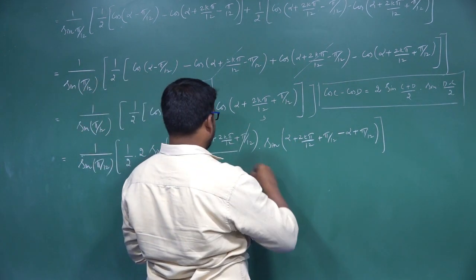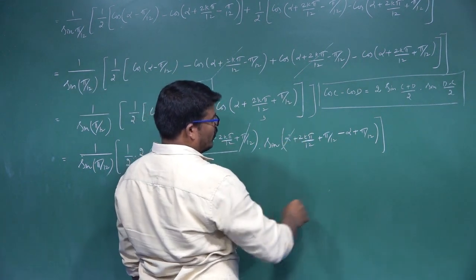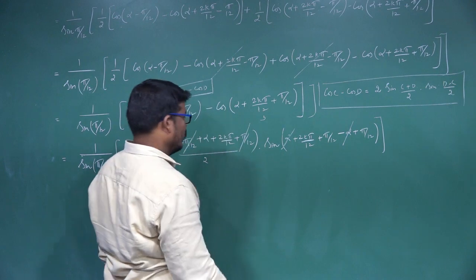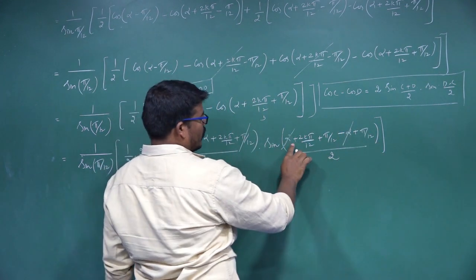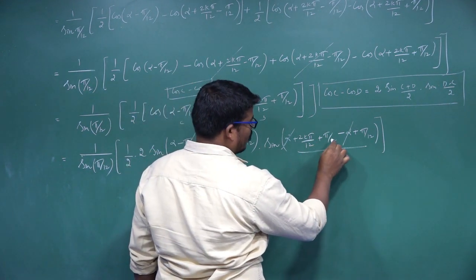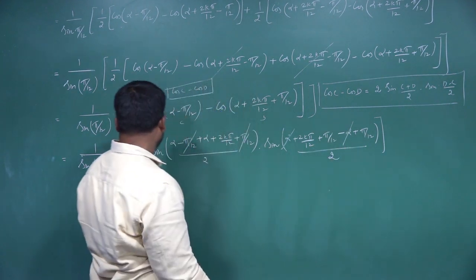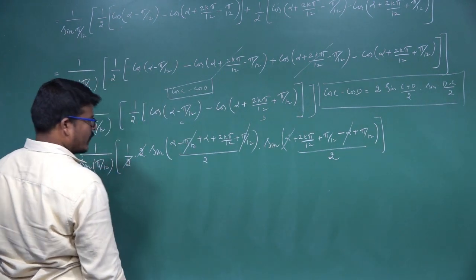Next one, alpha plus alpha, minus alpha cancelled, and alpha minus alpha cancel. 2k pi by 12 plus pi by 12 plus pi by 12. In the next one, the 2s are cancelled.